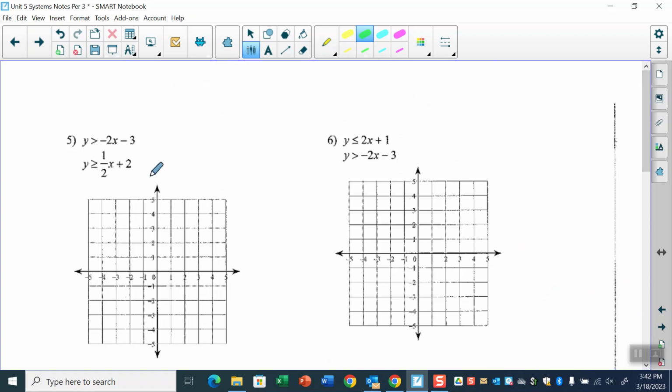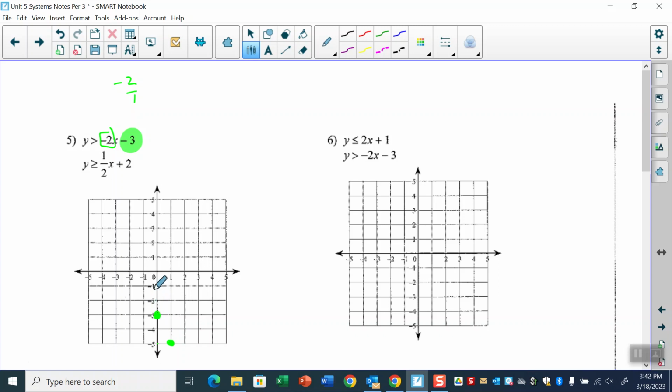And then this is more of the same. So remember, you start with your y-intercept first. So I'm at -3 here. And then you're going to do the slope. And it's -2, so you can make that be -2 over 1, right? So I can go down 2 and over 1. That would be a negative slope.